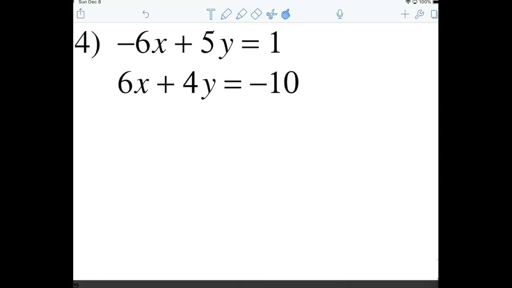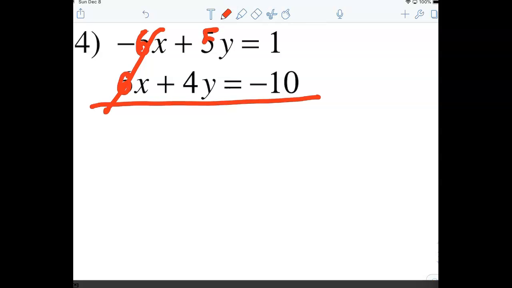En esta ecuación, en este sistema, las 6 igual las 6 y son opuestos. Okay, so the 6's are equal to the 6's on the x's, and they're opposites, so they cancel. Okay, cancelo. 5 plus 4 equals 9y, which is equal to 1 minus 10, which gives me negative 9.